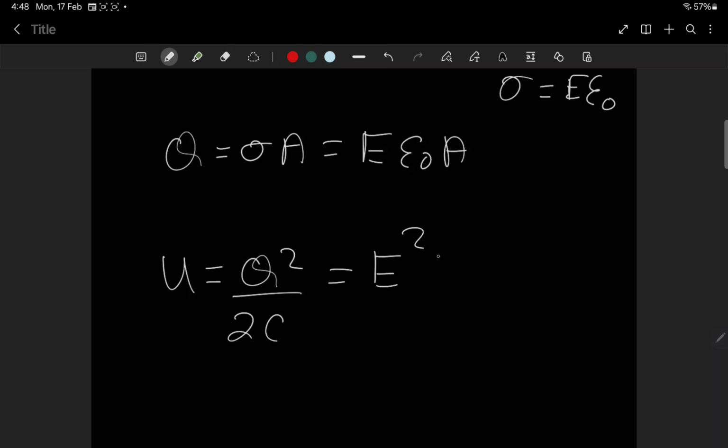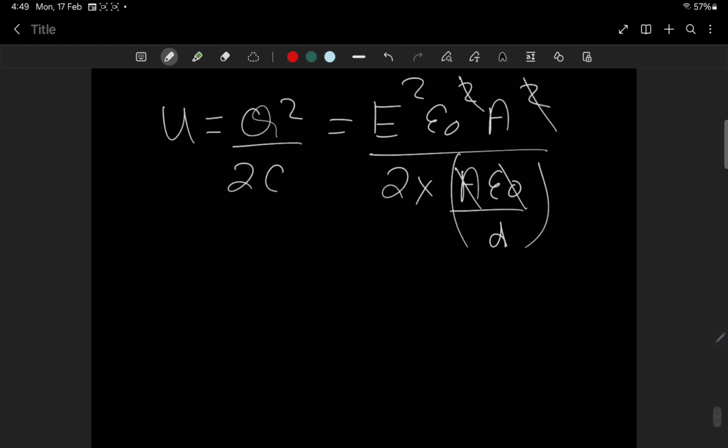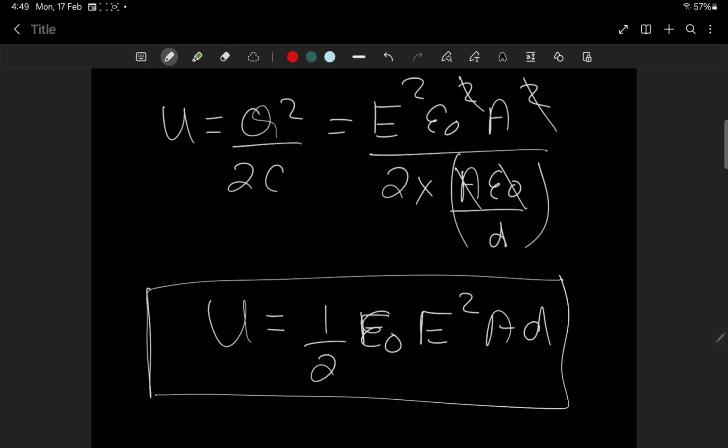Q square, E square, sigma square, A square by 2 into A epsilon 0 by D. Therefore epsilon 0 cancels, A cancels. So U is equal to half into epsilon 0 E square into A D. This is equal to energy.